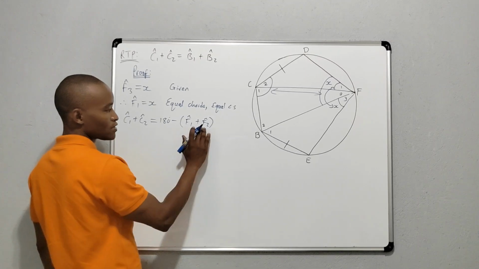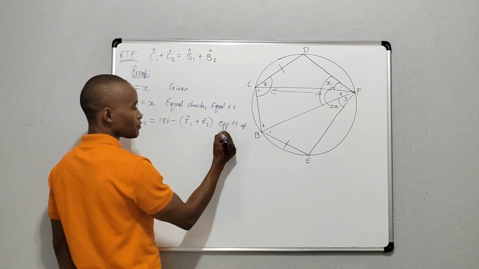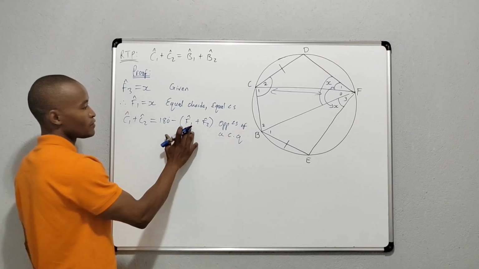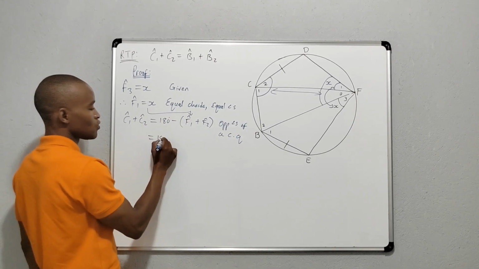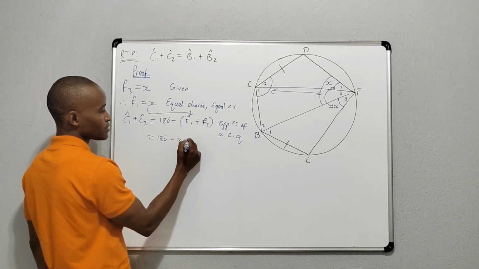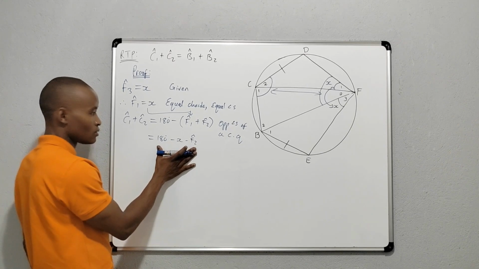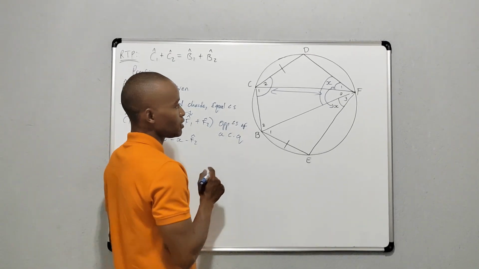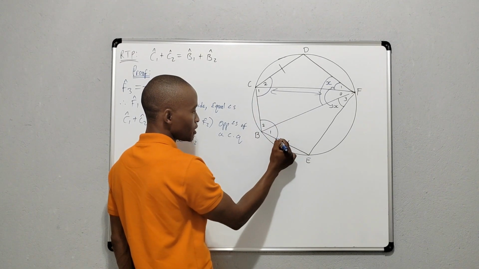The reason for this statement: these are opposite angles of a cyclic quad. However, what is F1? This is 180 degrees minus x minus angle F2. You can just leave it there for now. Good stuff. Now, can we park that for now and go to B1 and B2?